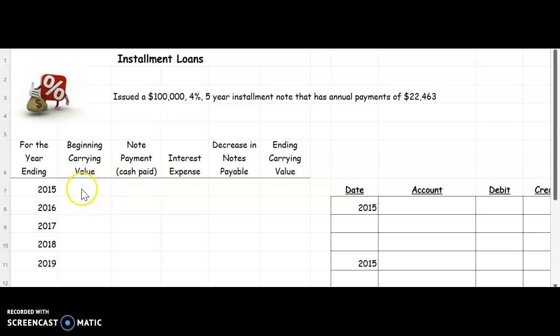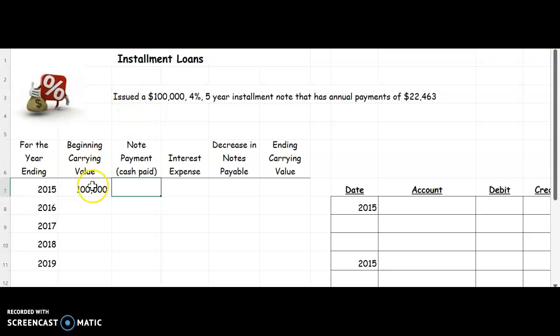My carrying value is $100,000. It's hard to see, my computer screen is small. Okay.